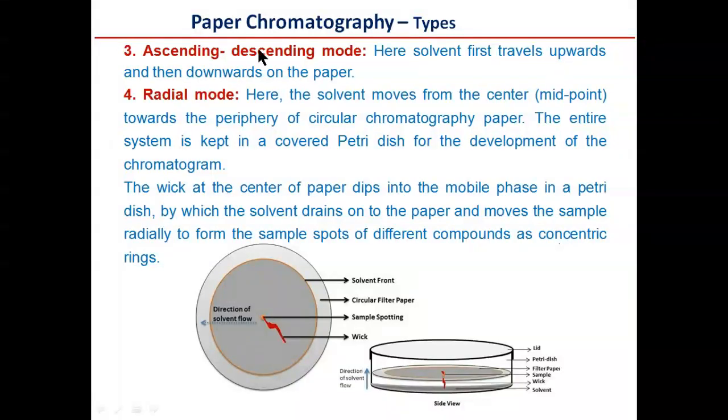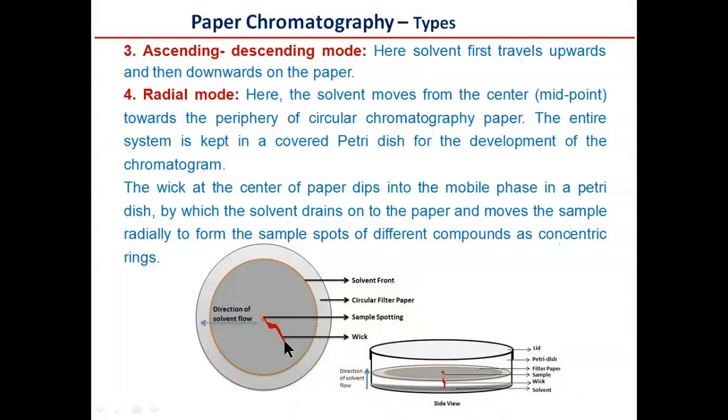We have a fourth one as well, that is radial mode. Here the solvent moves from the center. You can see here in radial mode, that is a midpoint. We have a solvent reservoir, and this is connected to the solvent reservoir through the wick.